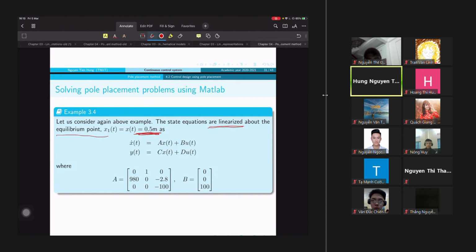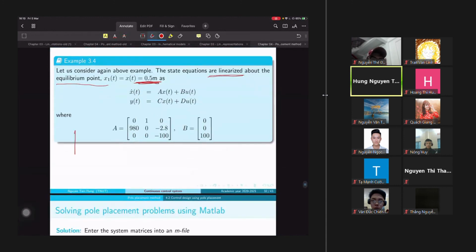The idea is this: if we have a nonlinear curve like this, you can assume that you are working on, for example, this range. Then you can linearize.